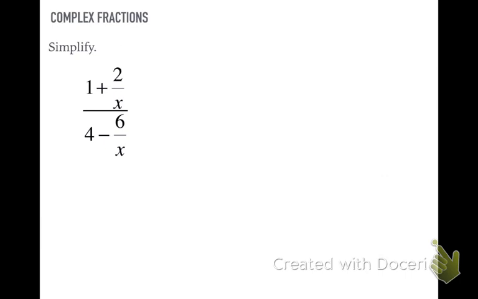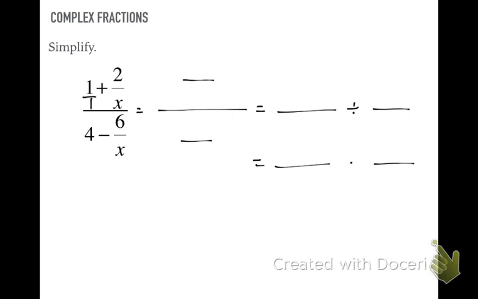So we'll finish with one example that does have a variable in it. This example here. Remember where we're trying to get to this stage, so we can turn this into a division problem, which then becomes a multiplication problem, and we simplify accordingly after that. Well, to get that far, we need common denominators.